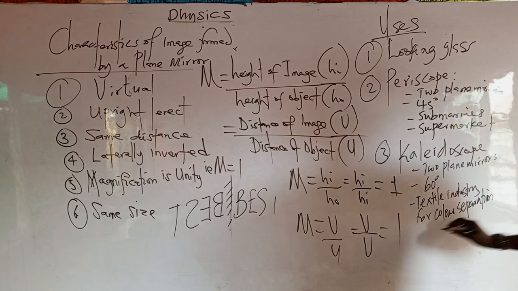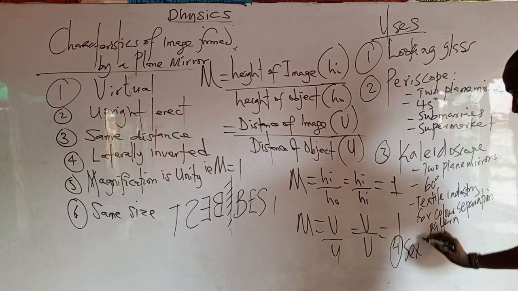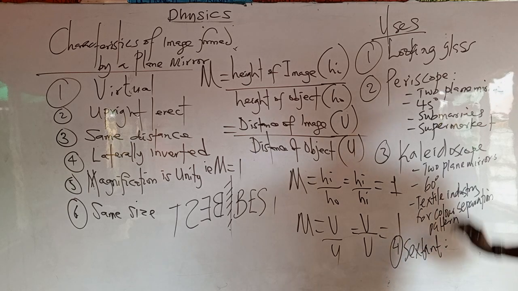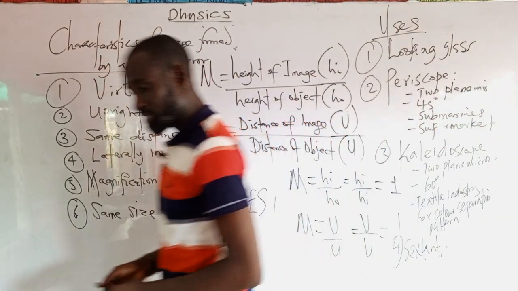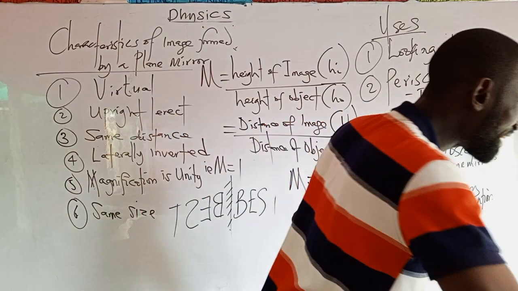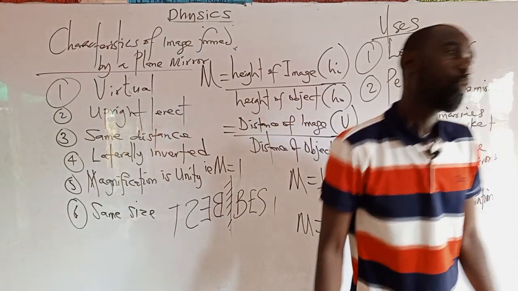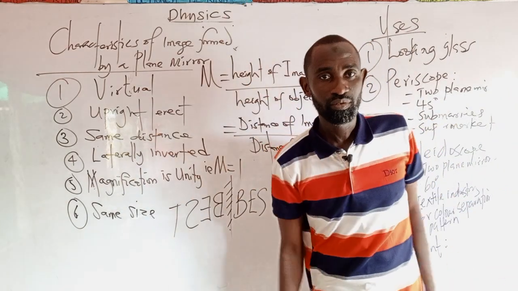Color separation pattern. The last, I want to use what we call sextant. Sextant is a navigational instrument which is used to determine the correct altitude of the sun.